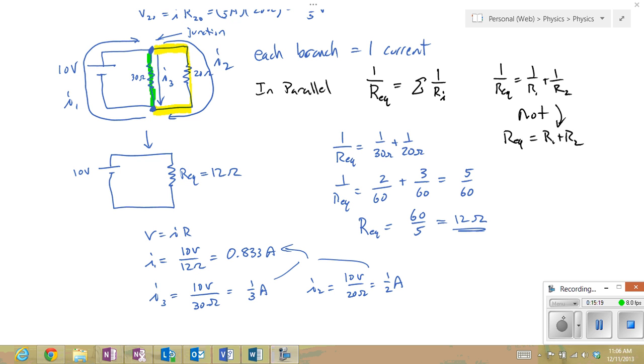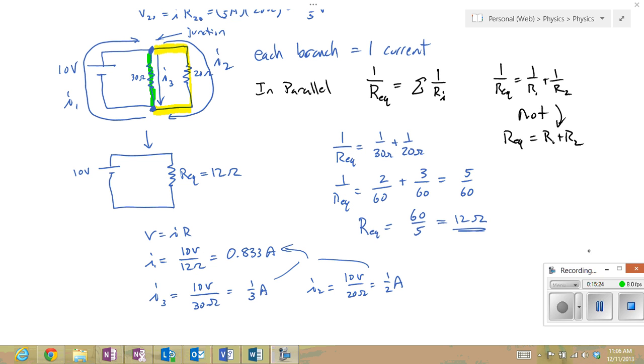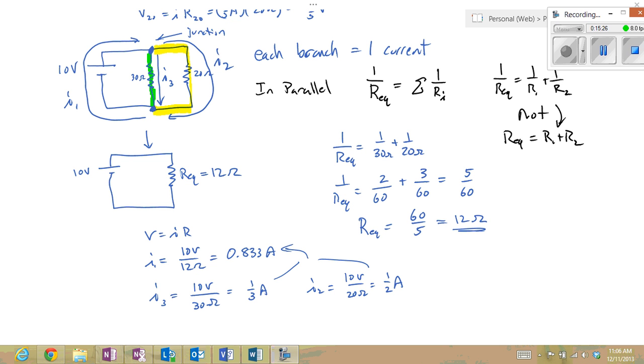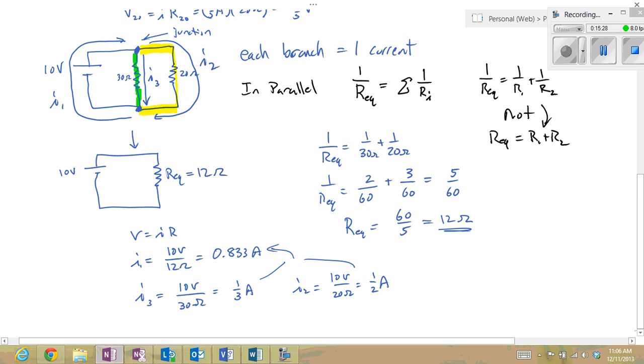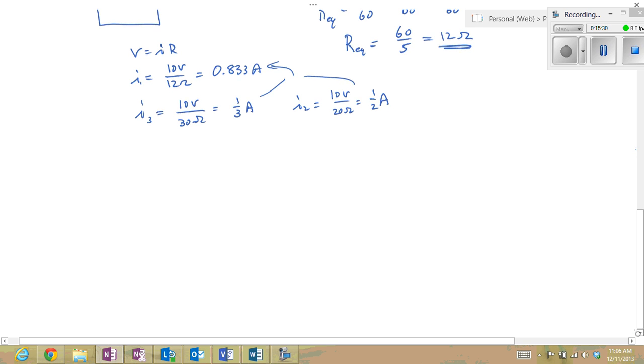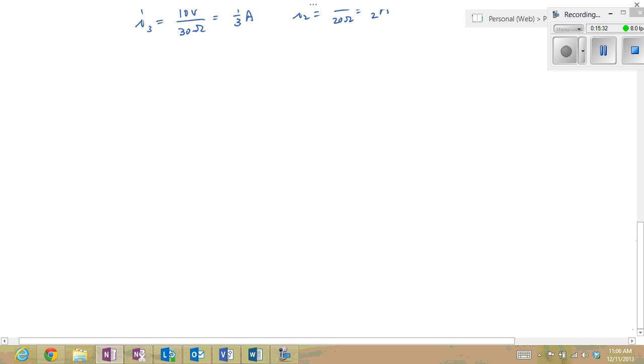Okay, so here we've seen that the combination of resistors can be broken down in certain circumstances to represent a simpler equivalent circuit.